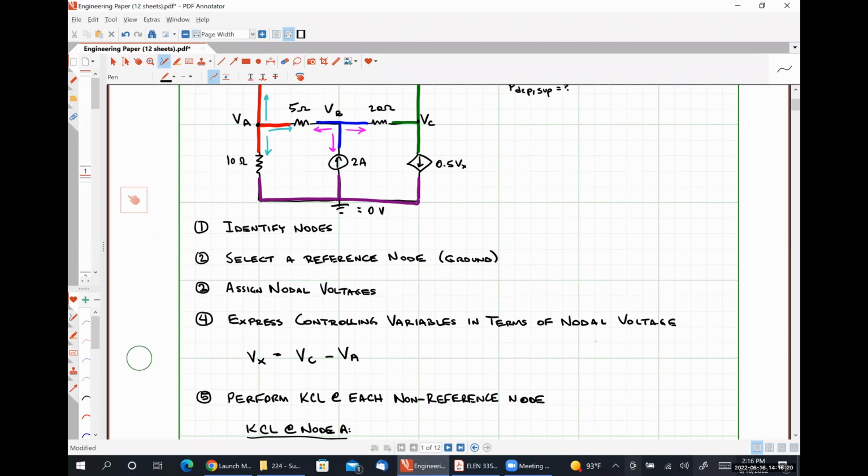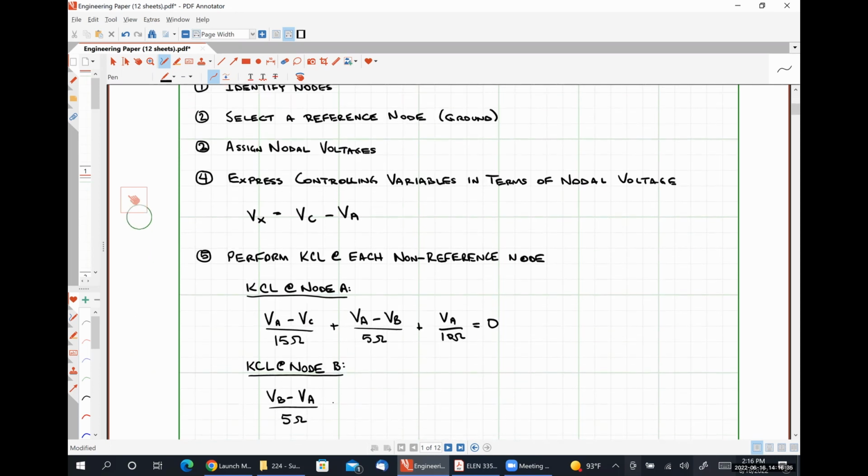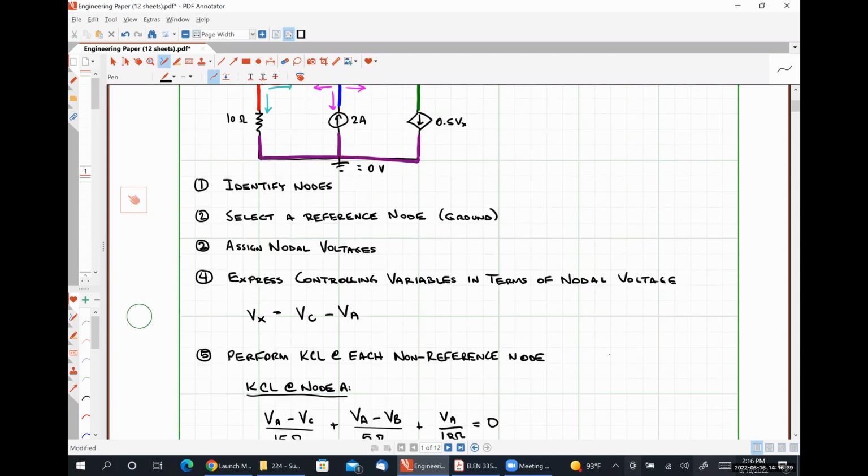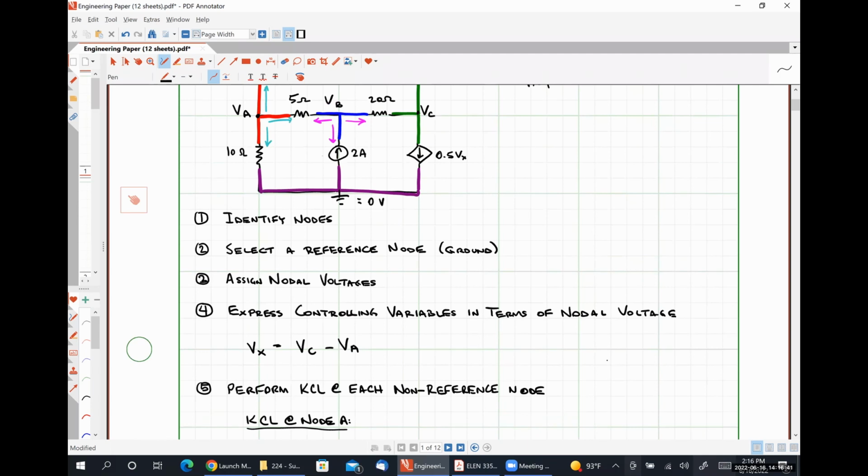Then we have a current flowing down. So we see that the current in the pink flowing down is opposite the direction of our 2 amp source. So that means we're going to have minus 2 amps. And then we have our current flowing to the right through the 20 ohm resistor.